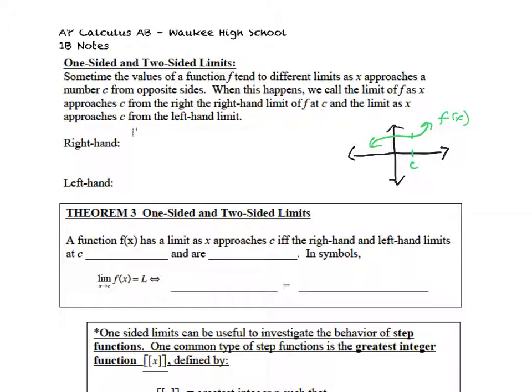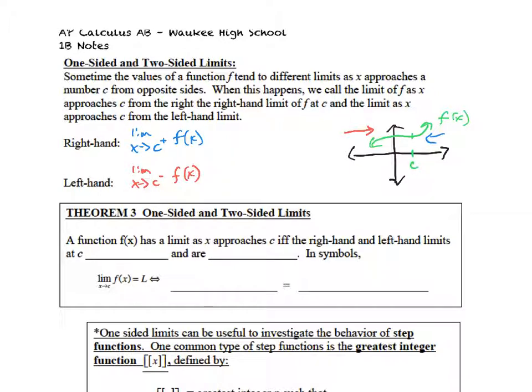When we talk about the limit as x approaches c from the right, we're going to use a superscript plus, and that means we approach c from positive infinity. So we close in on c from the right side. Now a left-hand limit is going to have us use a negative superscript on the c, and that means we're heading in from the left side.